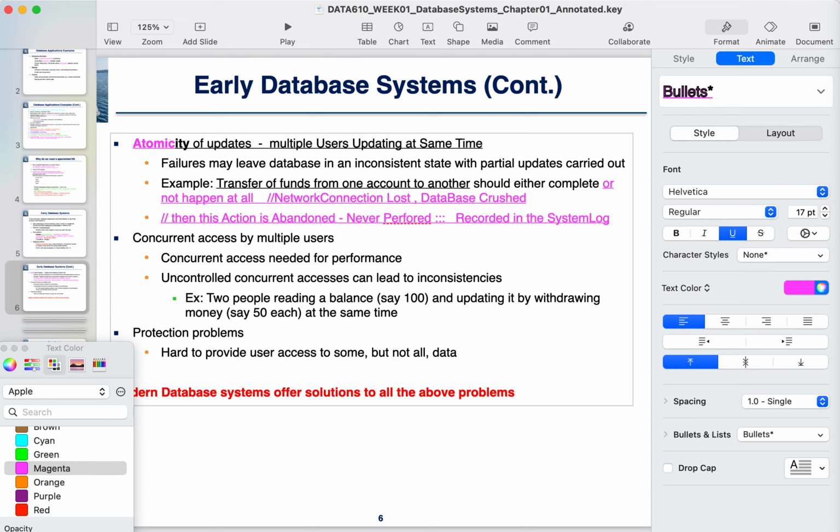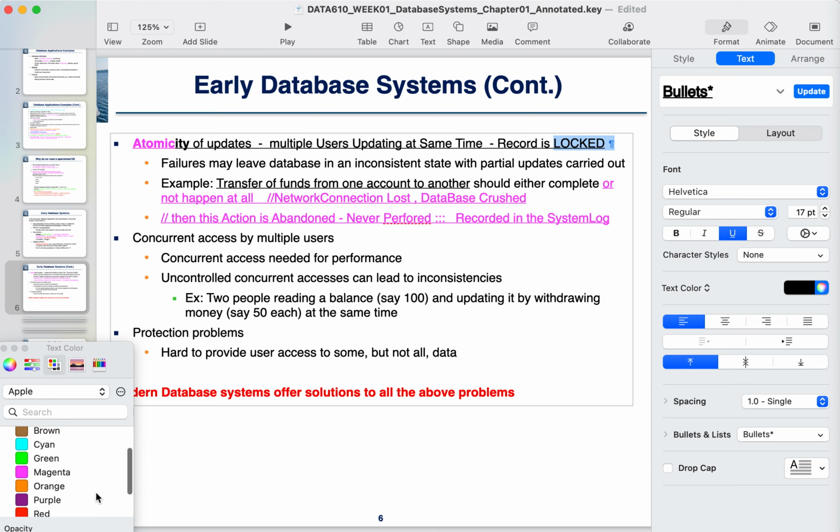Either performed completely or not at all, and during that time this particular record is locked, so there couldn't be another user trying to update this particular data at the same time.